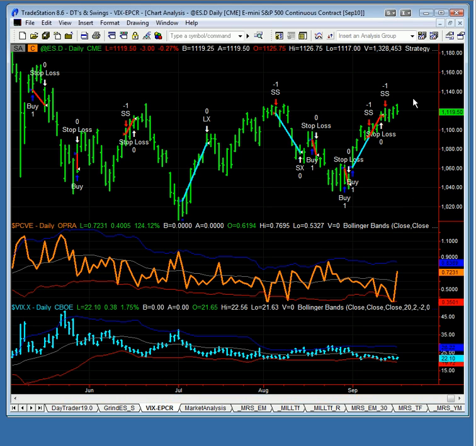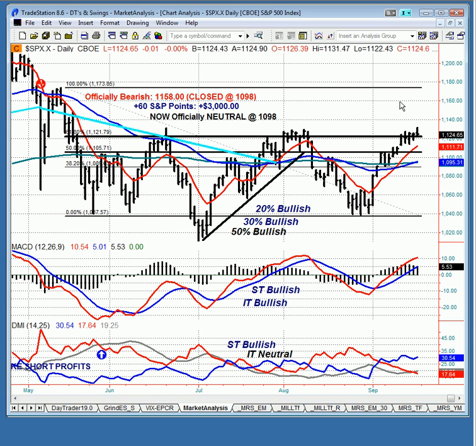But if we do break above, certainly we'll look to buy on a retrace and assume that these indications have been worked through. A lot of indications are suggesting the market will go lower, but that, of course, is in direct antithesis to what we're seeing here, which is all-out trend following bullishness, all-out momentum bullishness, all-out directional movement bullishness, and from a price technical perspective, obviously we have some horizontal resistance to deal with that we've mentioned about 4 times in this video.